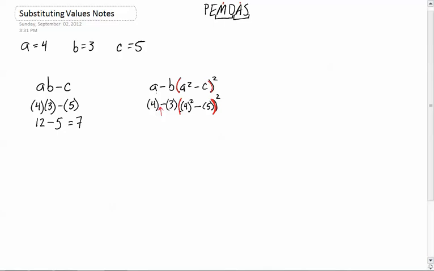So, here we go. 4, the 4 is going to stay the same, minus 3. Now inside the parentheses, I have a 4 squared, which is 16, because inside the parentheses, I got a squared and a subtraction. The squared is an exponent, so that comes first, and then minus 5 all squared. Now I'm still doing the stuff inside the parentheses. 16 minus 5 is 11. Now the stuff inside the parentheses is done.